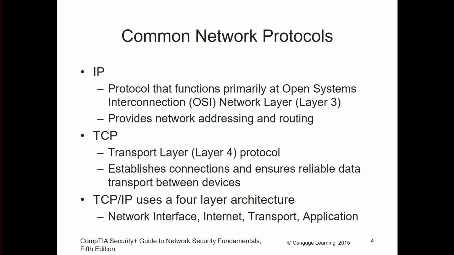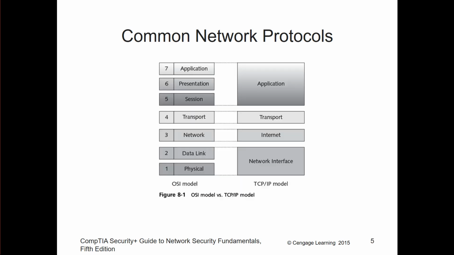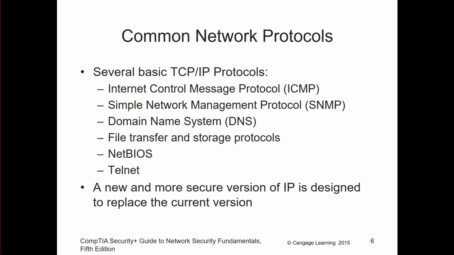Layer 4 matches up with transport layer. Layer 3 is the internet layer for TCP, and the data link and physical layers are the network interface layer. Got ahead of myself. So you can see there is a very common structure between both of these hierarchy models.